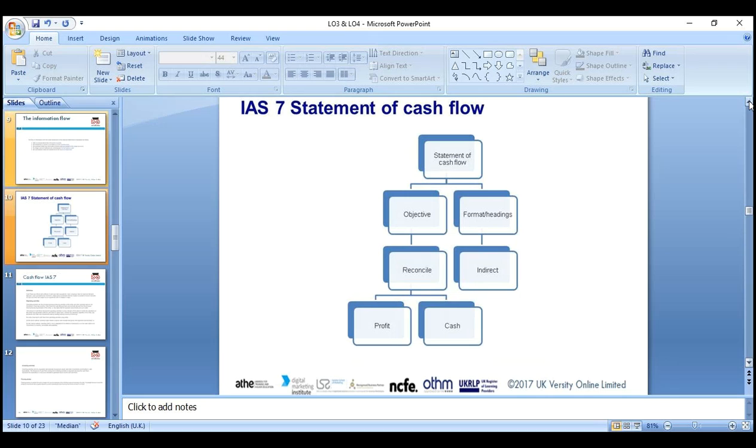And the last, financing activity, how much we finance to increase the cash balance, or we settle our liability. So this we need to look around. Format heading, so we need to look around reconcile and indirect, and profit and the cash.